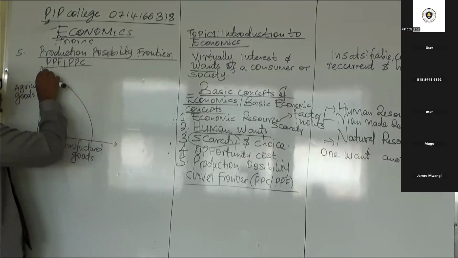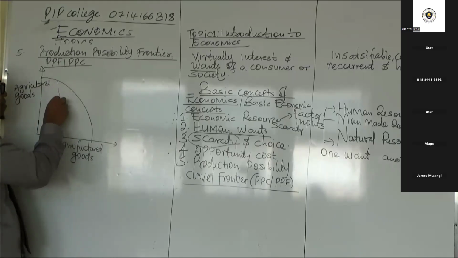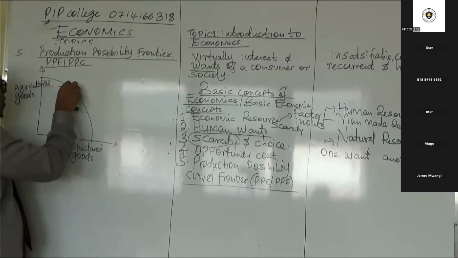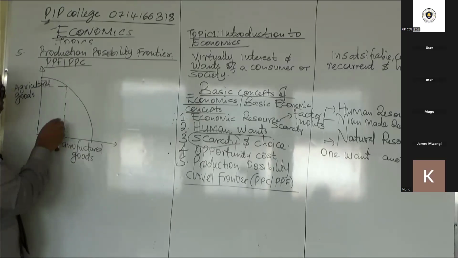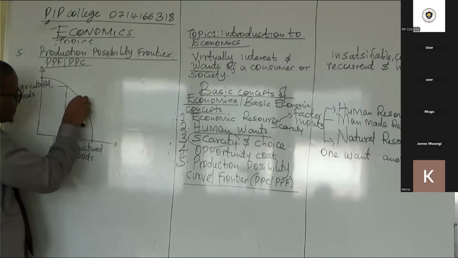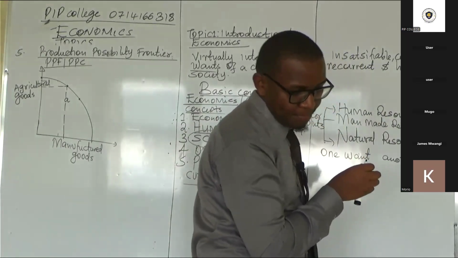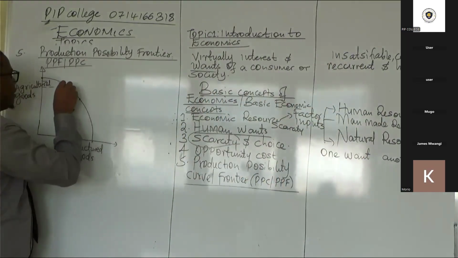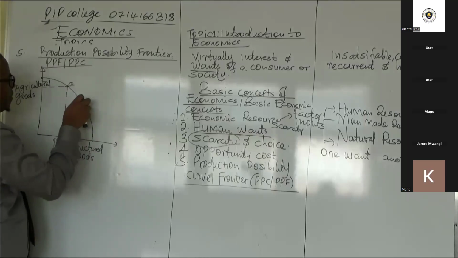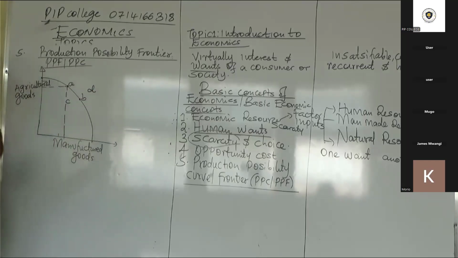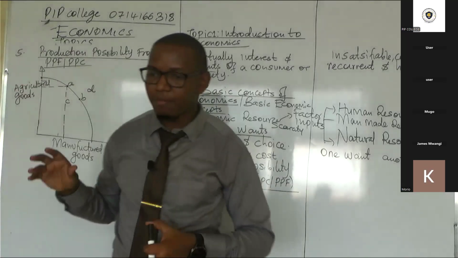Now, I can have these points here. I can have A somewhere here, B, C, and then D. Let me explain it in a better way.